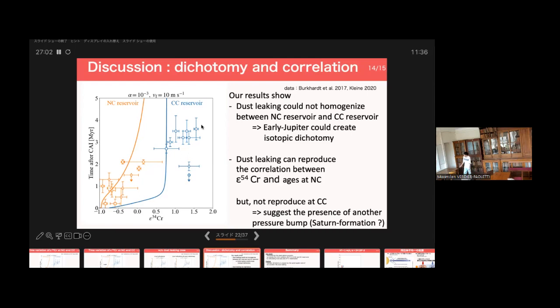So one possibility to explain the correlation between the chromium value and age is the formation of another pressure bump. One possible mechanism to create another pressure bump is the formation of a Saturn-sized planet, because a Saturn-sized planet can open the gas gap in the disk like this.